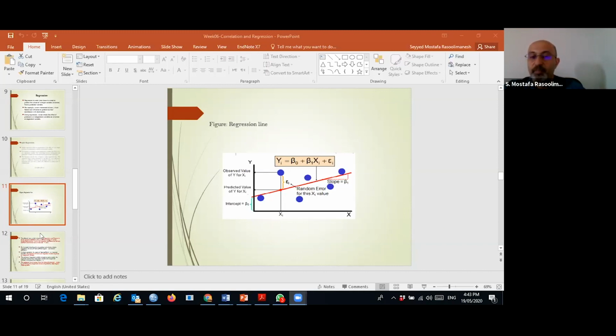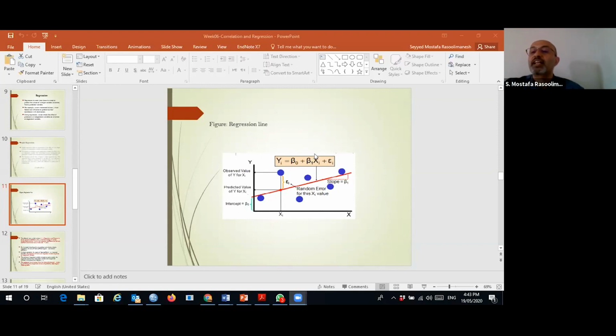Right? Okay, so for interpretation of regression, we need to look at this beta, the coefficient of x. We call this the beta coefficient for regression analysis or regression equation.